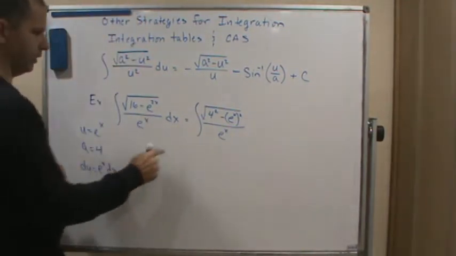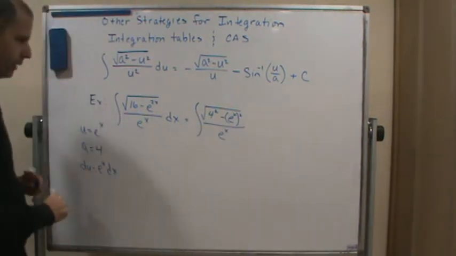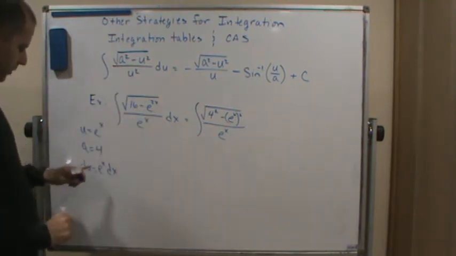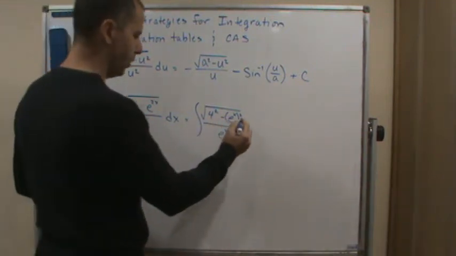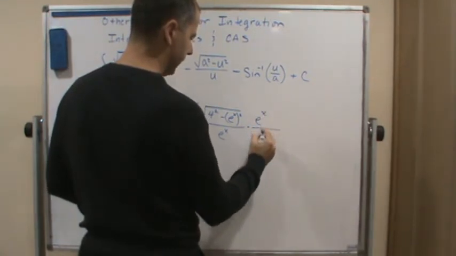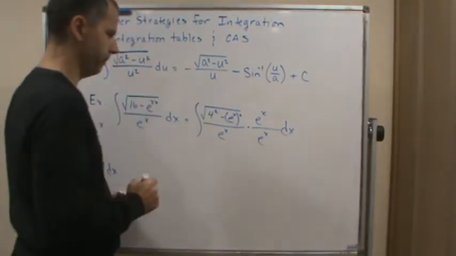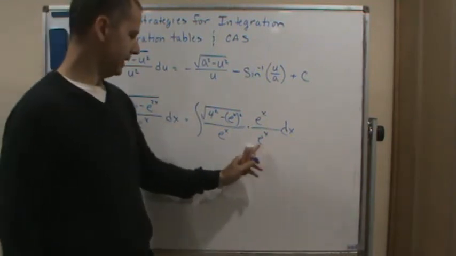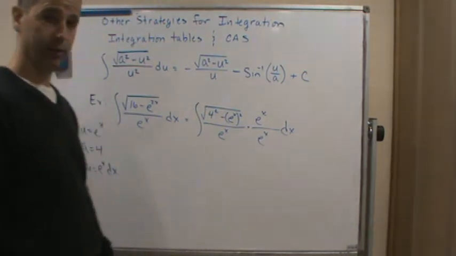I've got u is e to the x, but here I need u squared on the bottom, and I also need e to the x dx for du. So I'm going to multiply the top and the bottom by e to the x, because I need e to the 2x here, and that also gives me my e to the x dx for the substitution.